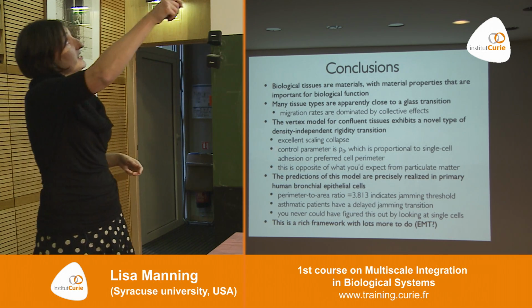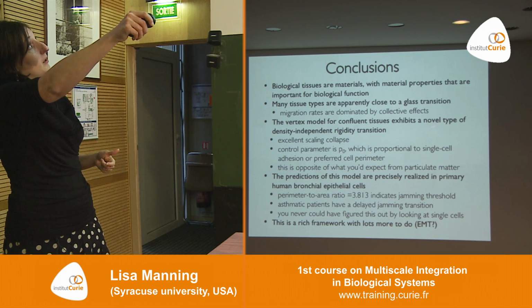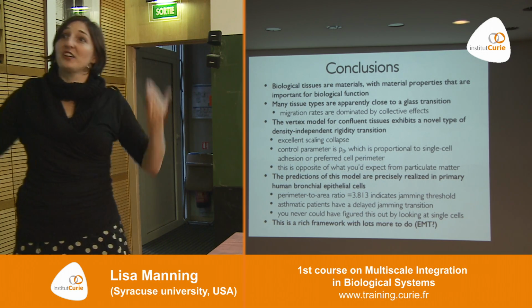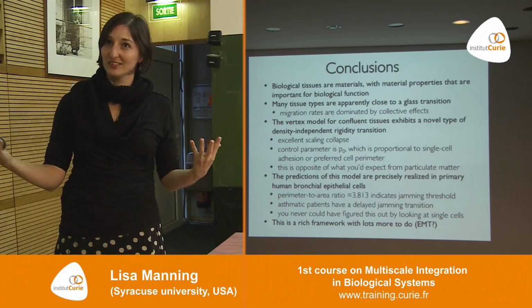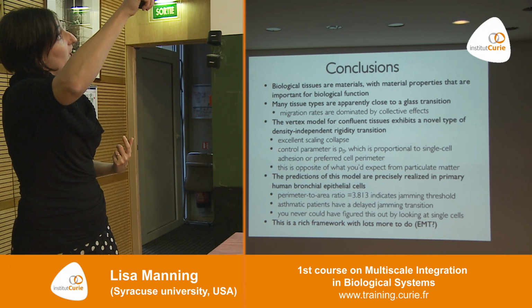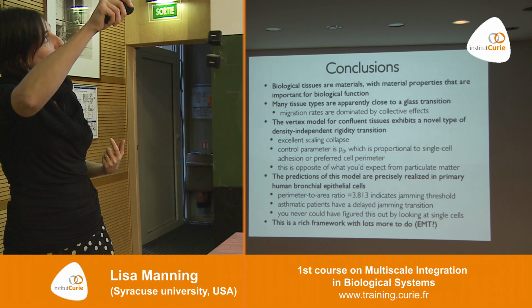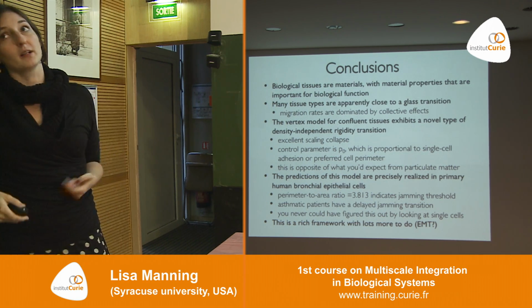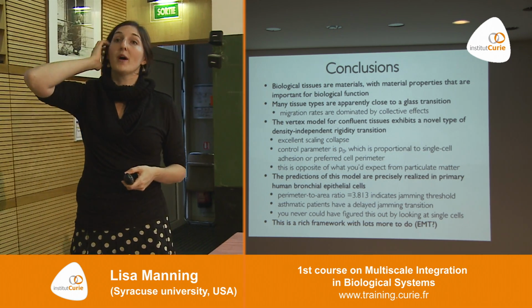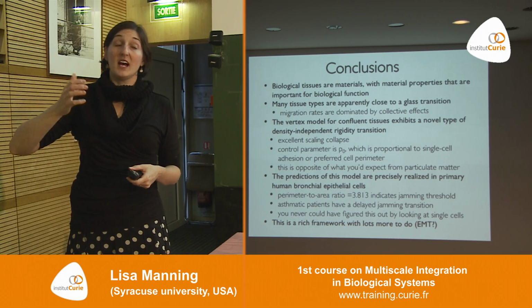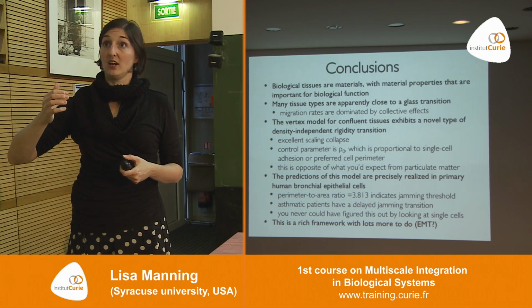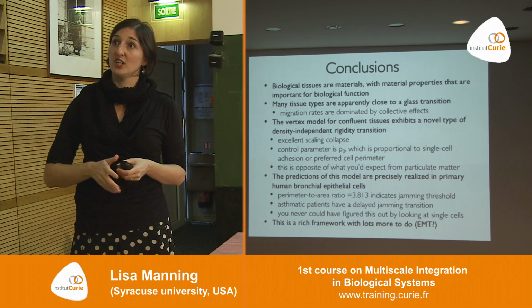And what I've just shown you is that this vertex model suggests that there's this novel type of rigidity transition in tissues, and that there's a control parameter, this P0, which is proportional to single cell adhesion or preferred cell perimeter. So this is sort of an answer to the question as why might cells be becoming more solid as a function of time?